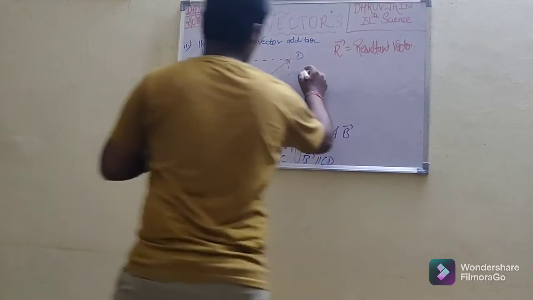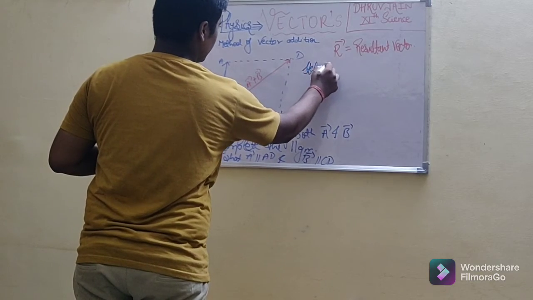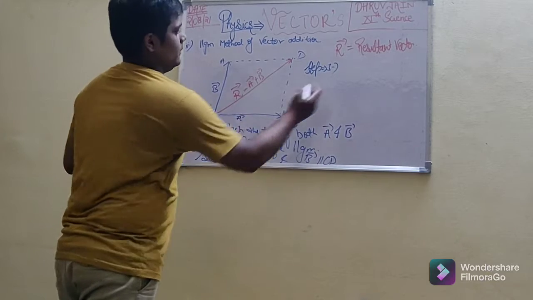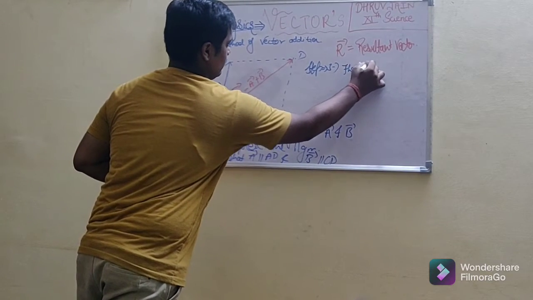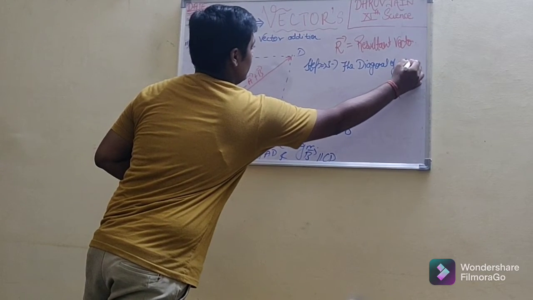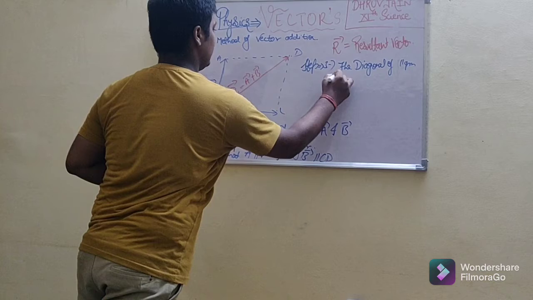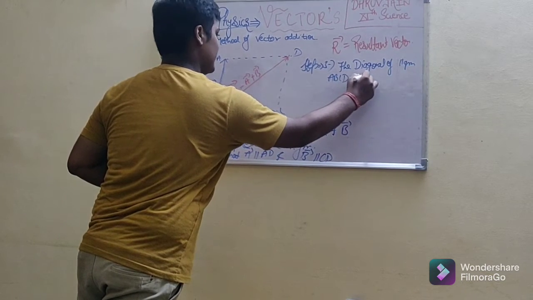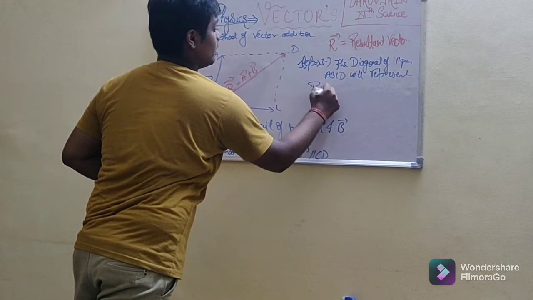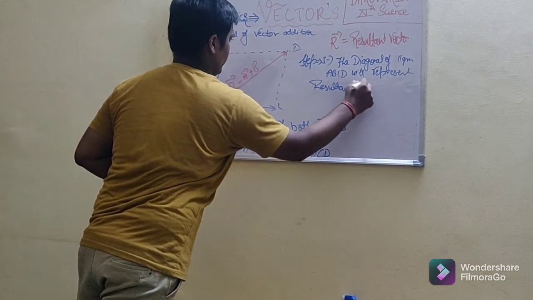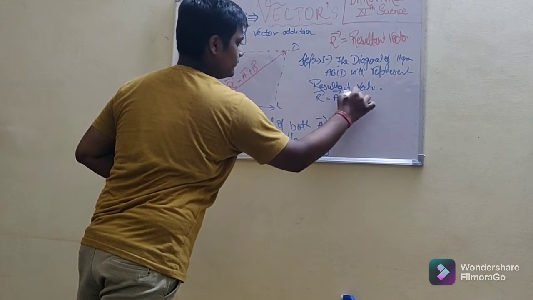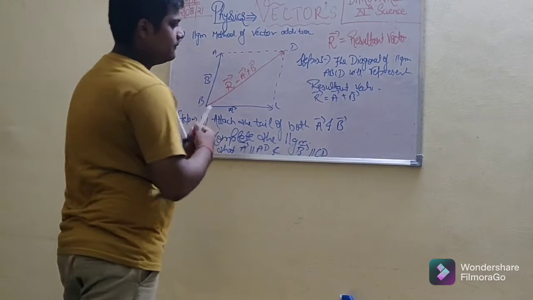The third step is that the diagonal of parallelogram ABCD will represent the resultant vector, meaning the resultant equals vector A plus vector B. I hope this is very interesting.